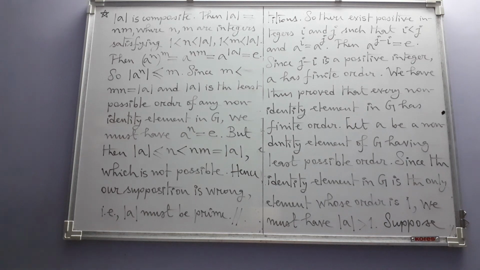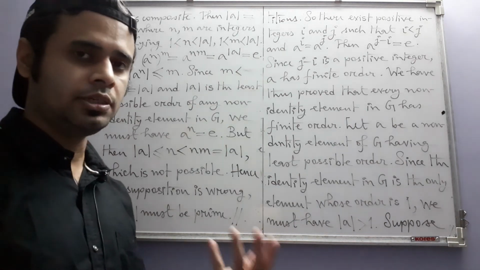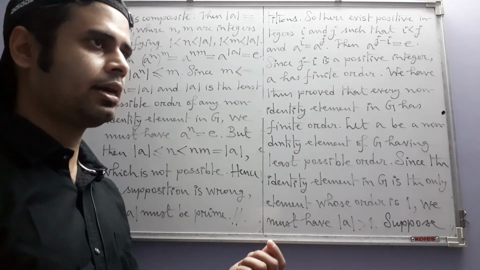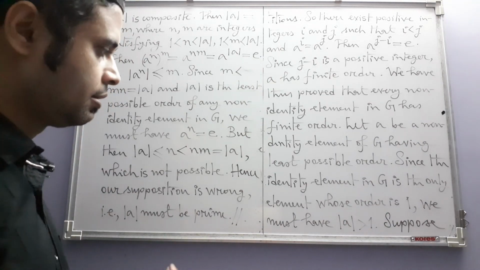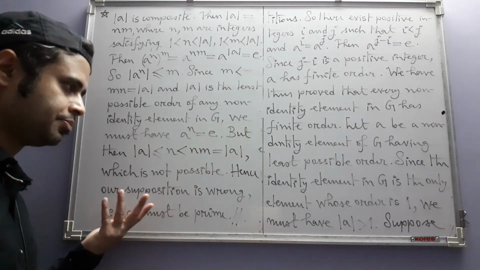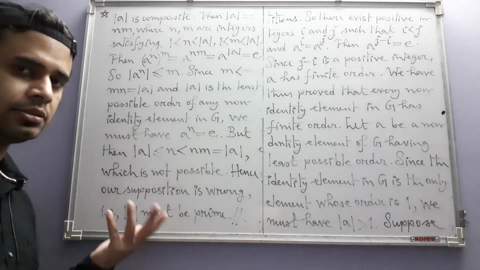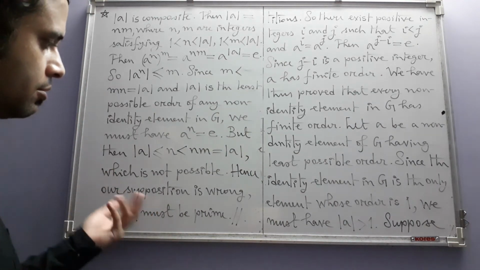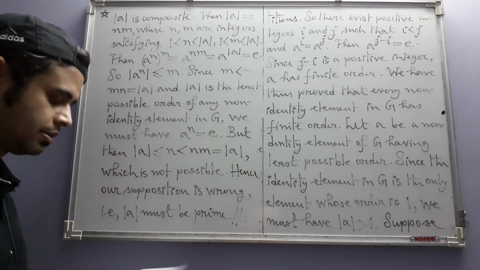So that means you choose an element in G that is non-identity and that has the smallest possible order, then its order has to be prime. So that's how you get an element in G of prime order. So the solution ends here.